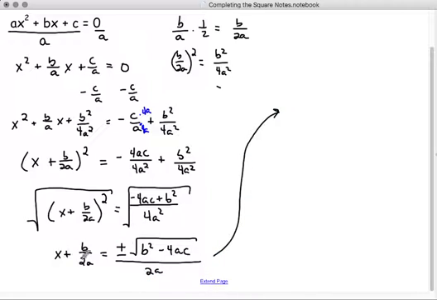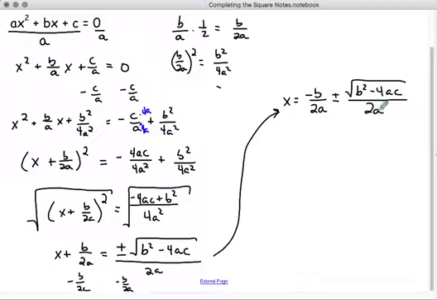I just need a little bit more room here. If I subtract b over 2a from both sides, I get x is equal to negative b over 2a plus or minus the square root of b squared minus 4ac, which is also over 2a, which means these fractions have a common denominator.